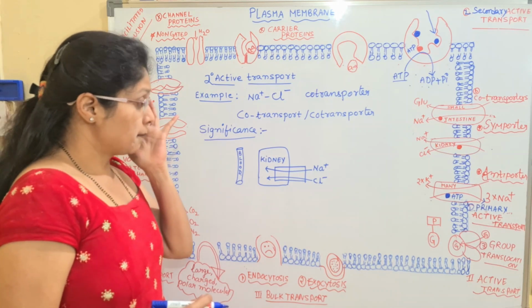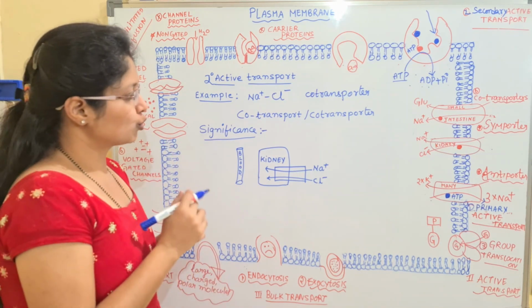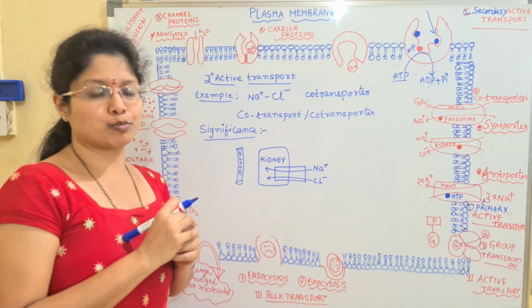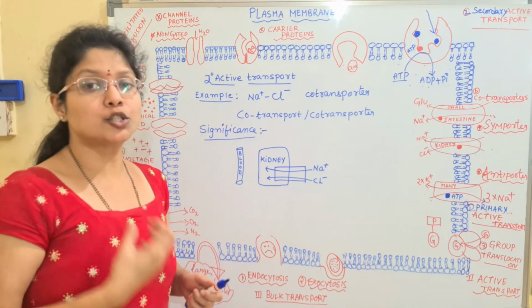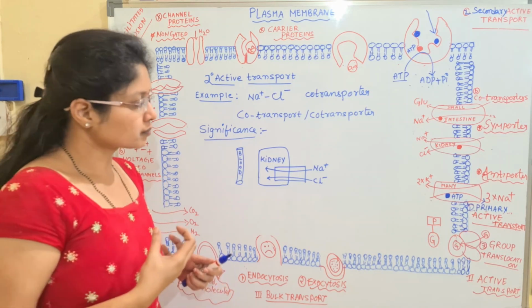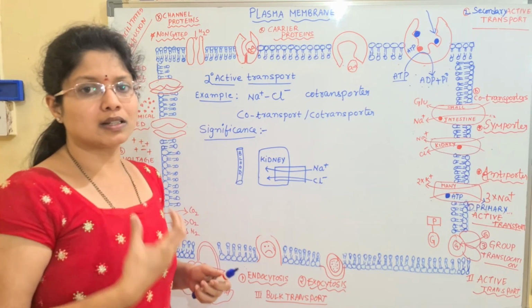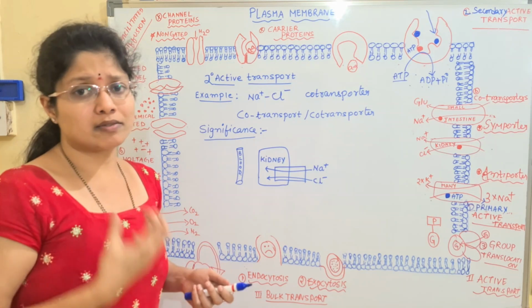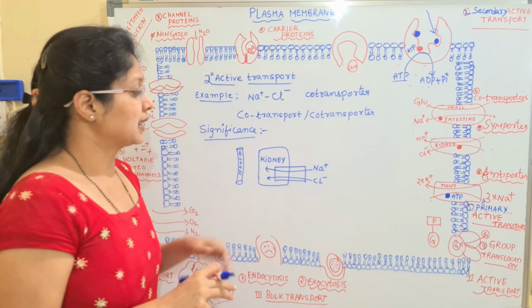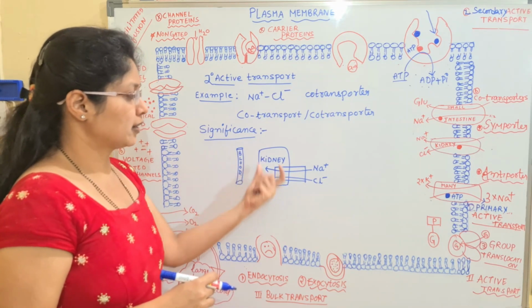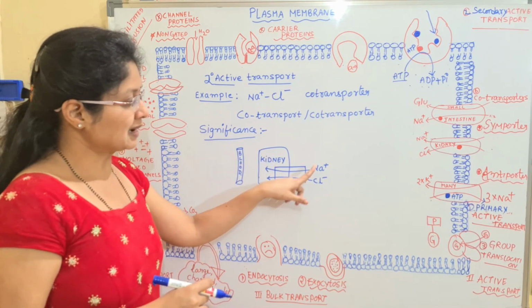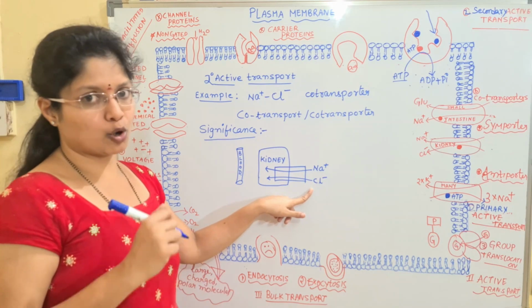In this case, mainly the significance of the sodium chloride co-transporter is to reabsorb these ions from the urine. So while processing the urine, the reabsorption of excessive ions present in the urine is mainly done by the kidney cells. And in this reabsorption method, mainly the sodium chloride pump is operating.